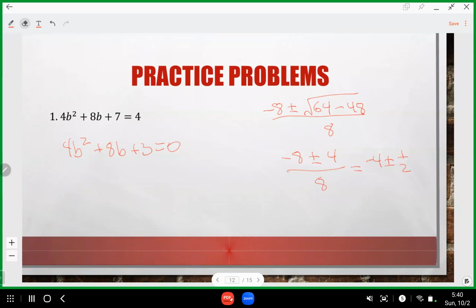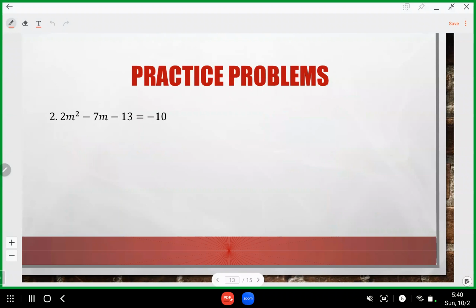Oh wait, it's -1 plus minus 1/2. So b is going to be equal to -3/2, or it's going to be equal to -1/2. Okay, so that's how you use the quadratic formula to solve.